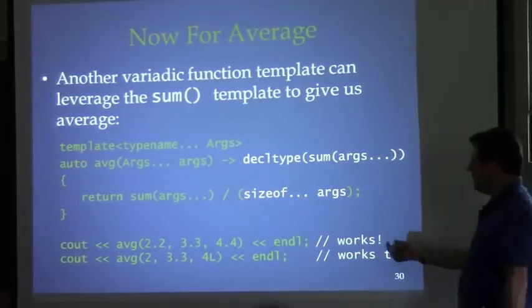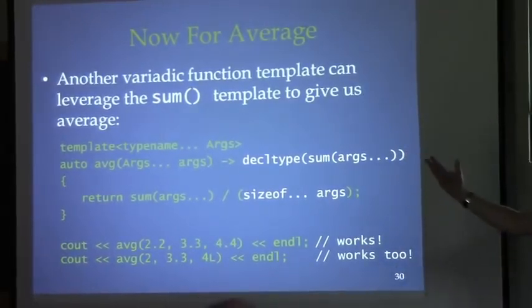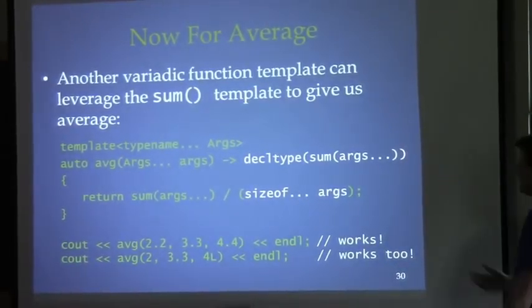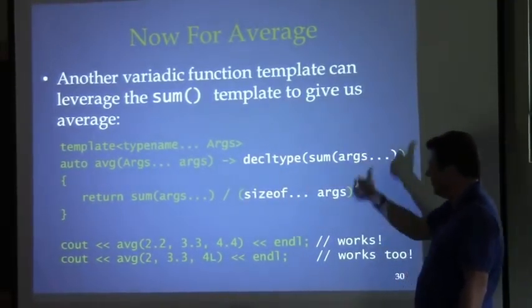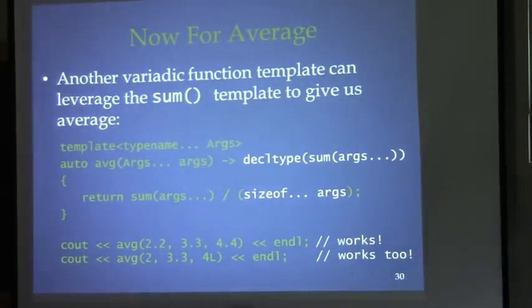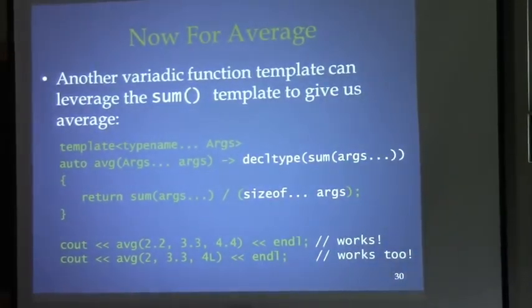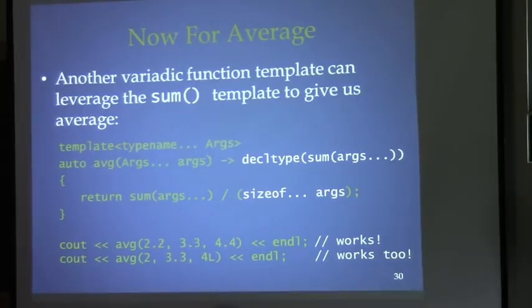Well, there's a special operator called sizeof... Isn't that handy? And I can apply that to args, and it'll be 7 or whatever, 3 in this case, and it'll give me the right thing. So when I showed this to Andrei, his reply was, oh, wow, there is a use for sizeof... He may have been kidding with me a little bit.